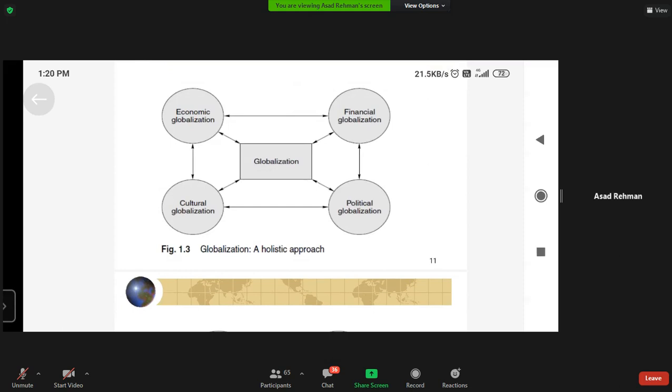All these aspects are being affected. And what we see here is that it is a two-way process. All these factors or major influencers are directly or indirectly linked to each other.